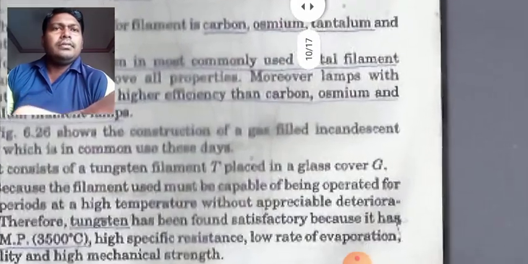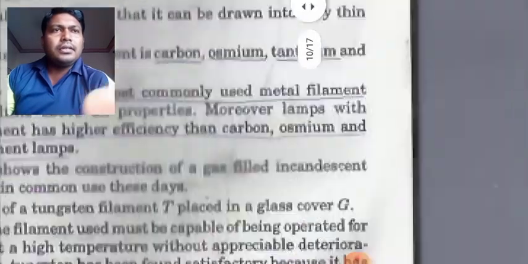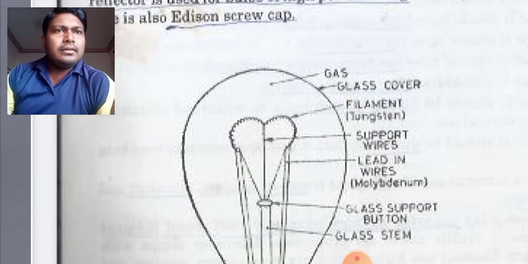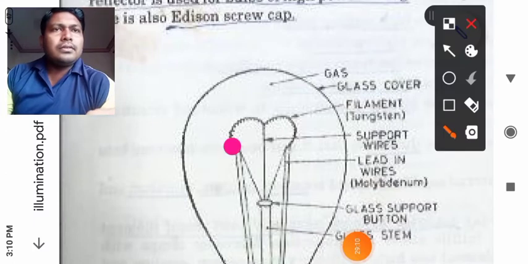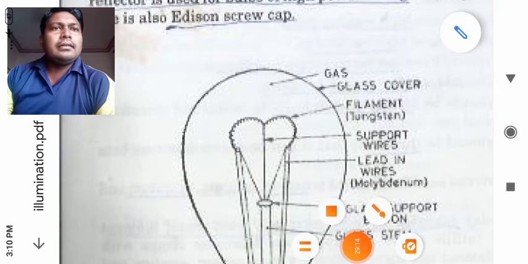It consists of a filament T placed in a glass cover G. Which one is T? You will find that the filament is this one, T, right?